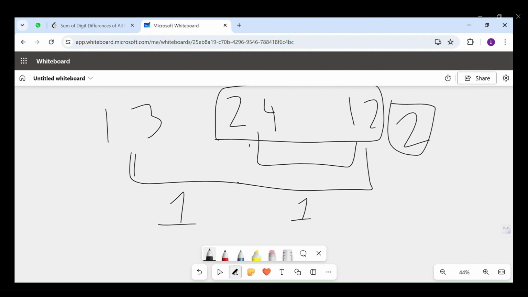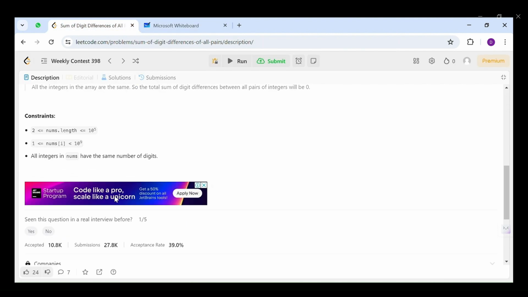We will not do 4 minus 2 is equal to 2. We just have to count the difference. If there is different digits, means 4 and 2 will also count as 1, 5 and 2 will also count as 1. We need the count of different numbers, not the actual difference between the numbers.